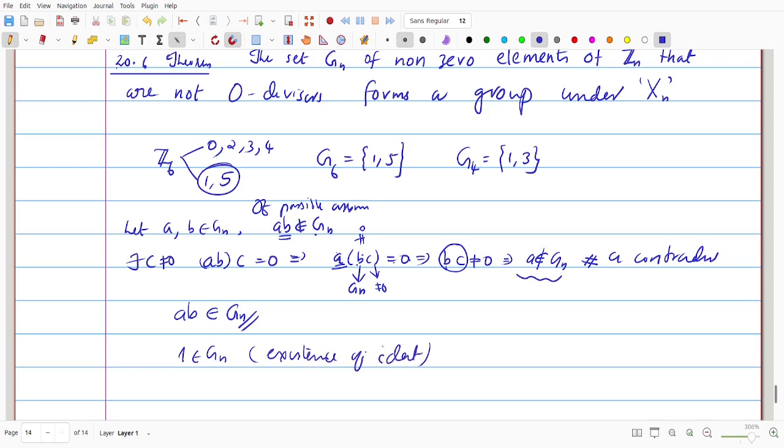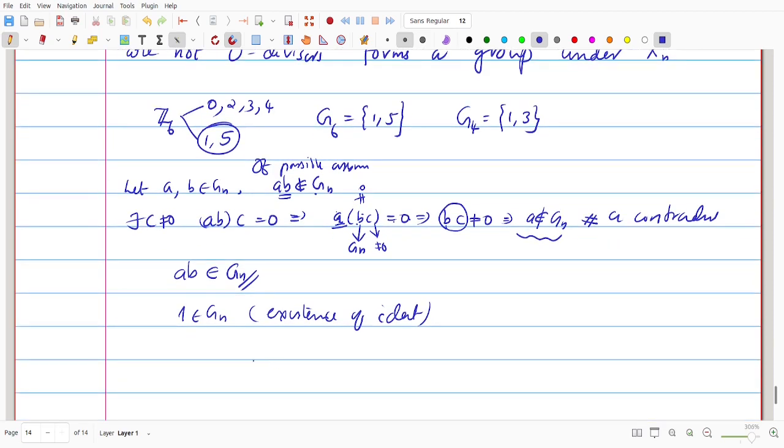Now we need to show that every element of Gn has a multiplicative inverse. As Gn is finite, we write A1, A2, etc., AR. Suppose these are the elements of Gn, and if you pick any element A belonging to Gn, we need to show that A has a multiplicative inverse.